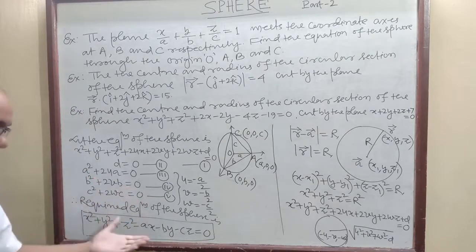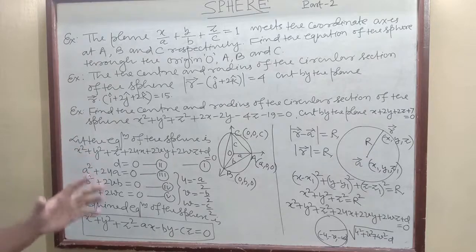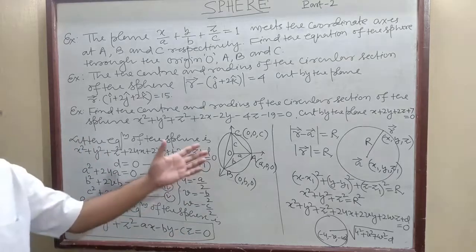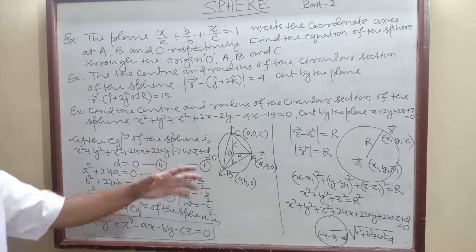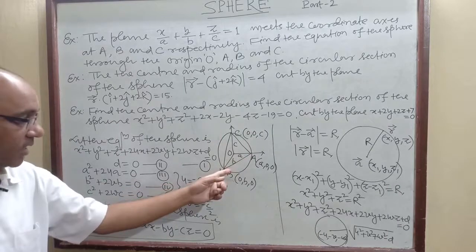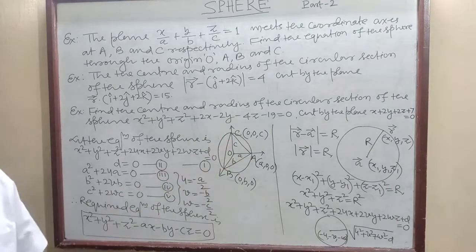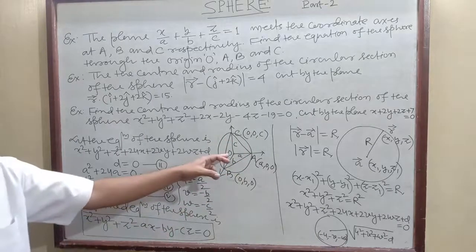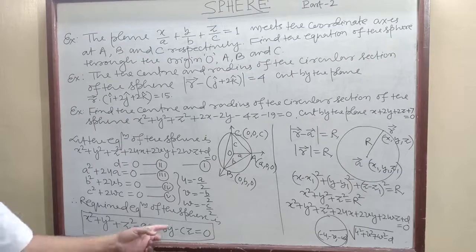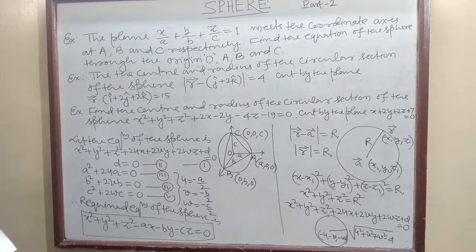You should remember this as a result. If a sphere passes through 4 points O, A, B, C, or you can say if a sphere intersects all the three coordinate axes at distances small a, small b, small c, then the equation of the sphere passing through O, A, B, C is given by x square plus y square plus z square minus ax minus by minus cz equal to 0.